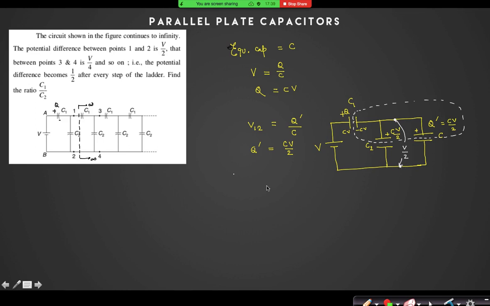Right. We have to find the ratio of C1 by C2. C1 by C2 is equal to Q by V, so Q1 by V1 divided by Q2 by V2. Right. Now what is Q1 by V1? Q1 is CV. And the V1, what is the potential difference across these 2 points? Can you tell me?